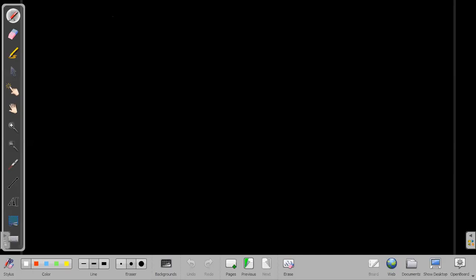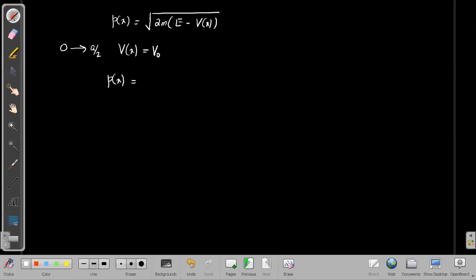Now p(x), the momentum, is given by the square root of 2m(E minus V(x)). Between 0 to a/2, the potential is V0. So the momentum between 0 to a/2, I can write as the square root of 2m(E minus V0).